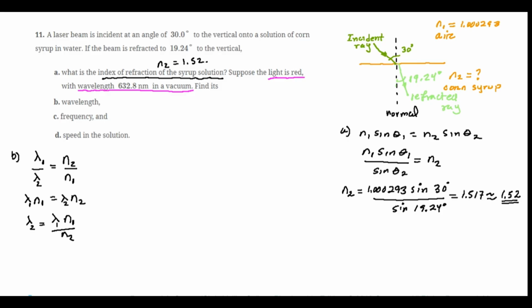So this wavelength of 2 would be the wavelength of the red light in the Siren, the current Siren solution.